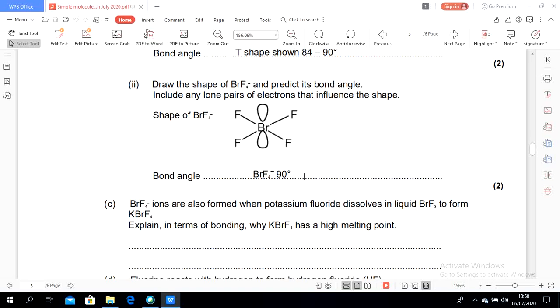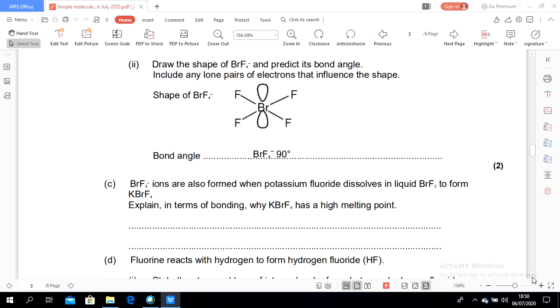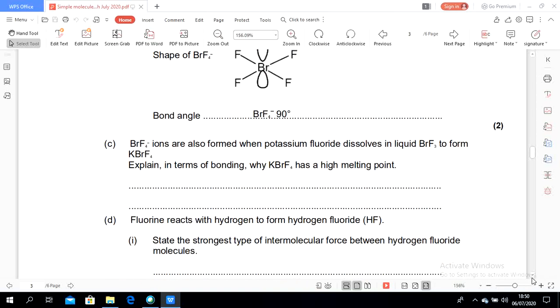In this ion, ions are formed when potassium fluoride (KF) is dissolved in bromine trifluoride to form KBrF4. In terms of bonding, why does KBrF4 have a high melting point?